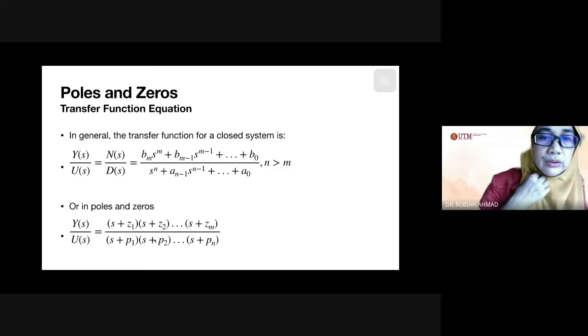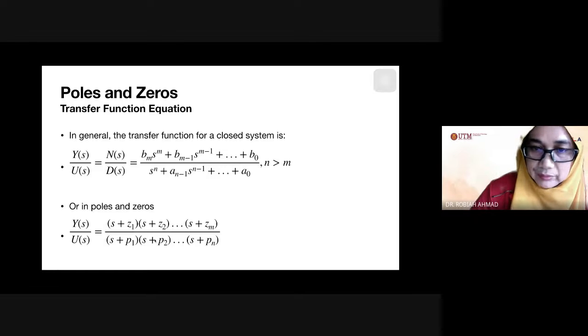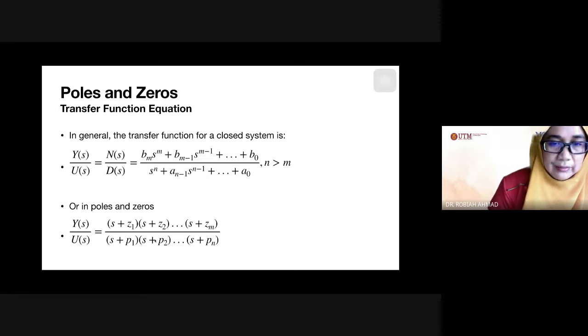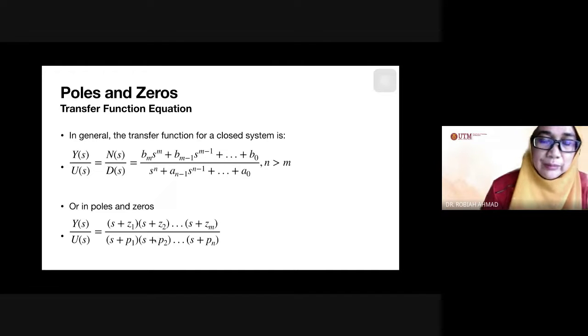You also learned from many systems, the mechanical system and the electrical system. I'm not sure whether you did it with Dr. Fitri or Dr. Sanyos. You have a few systems, electrical and mechanical. Most of the basic ones are electrical, the RLC circuit, and mechanical, the spring mass damper system.